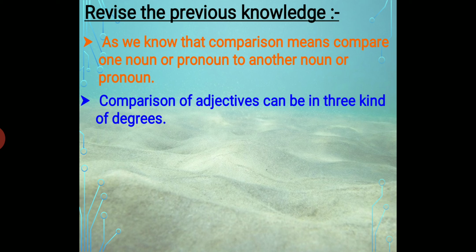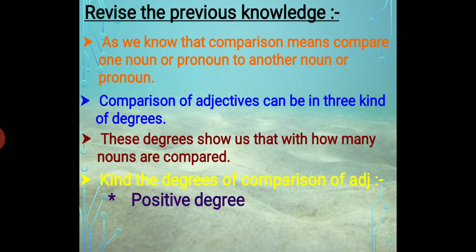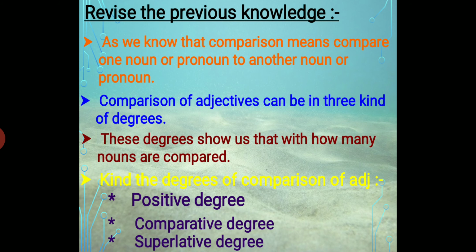Comparison of adjectives can be in three kinds of degrees. These three degrees show us how many nouns are compared. From the kind of degree, we identify how many nouns there are in the sentence, and the kinds of degrees are positive degree, comparative degree, and superlative degree.